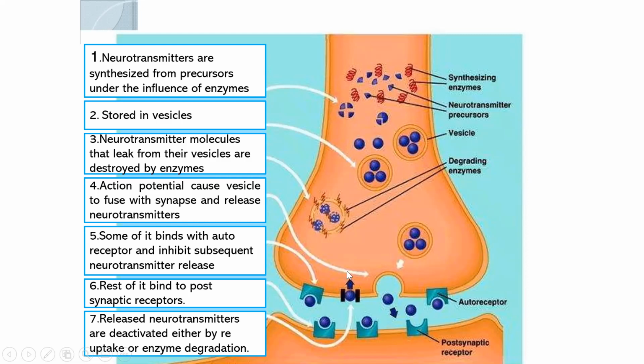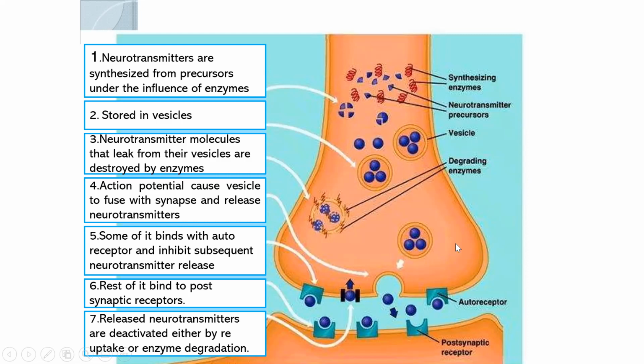And then when there is an action potential, it causes the vesicle to fuse with the synapse and release these transmitters. You can see that this circle fused in here. And after it fuses, it releases the transmitter, which binds to the receptor. And if it's lost, then of course it's destroyed. If there is a little bit remaining, there are postsynaptic receptors.